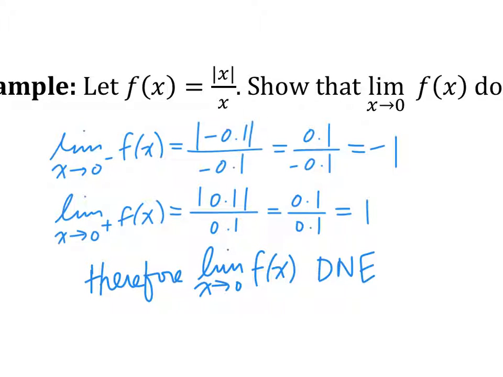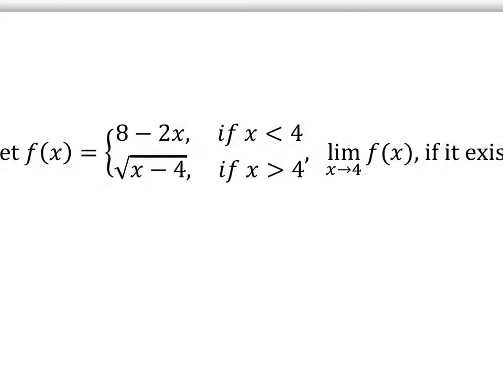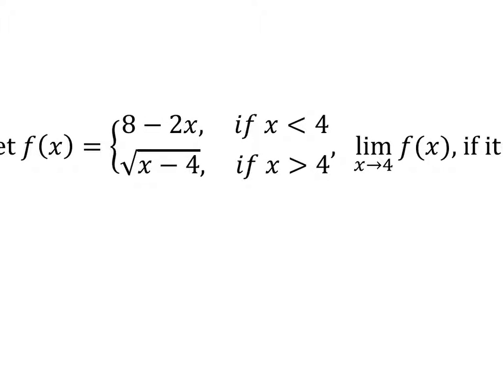Okay, let's try another one. Let's try this one. Let's have you figure out if the limit exists and what that number is. You guys are really smart, so you can already tell what the limit is, but that's not the point. The point is that you have to be able to prove it.